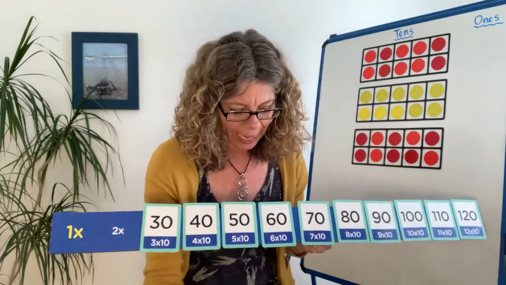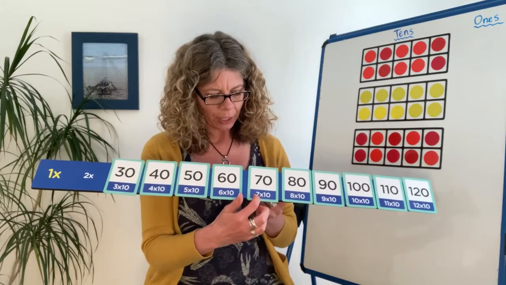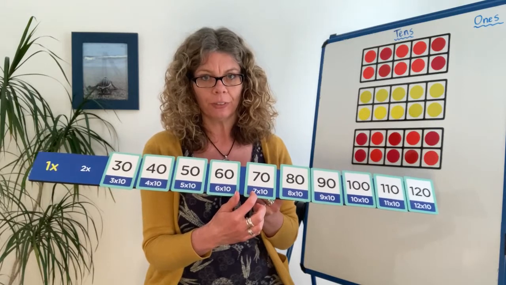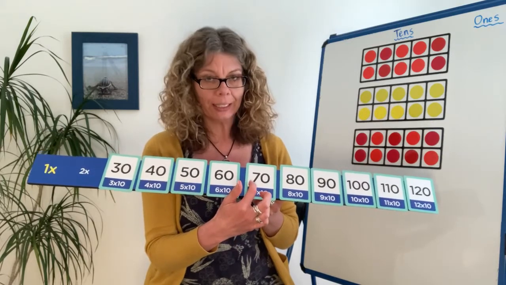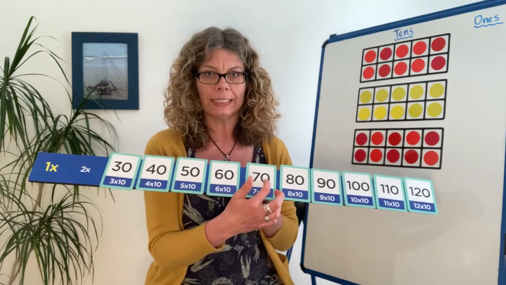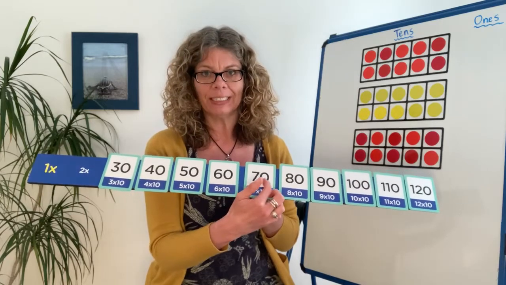Now I can pick any of these cards. I'm going to go for 7 times 10, so that means 7 lots of 10, 7 full 10 frames, which would mean 7 in the tens column, and I know there aren't any ones, so it's going to be a 0 in the ones column. So 7 times 10 is 70.